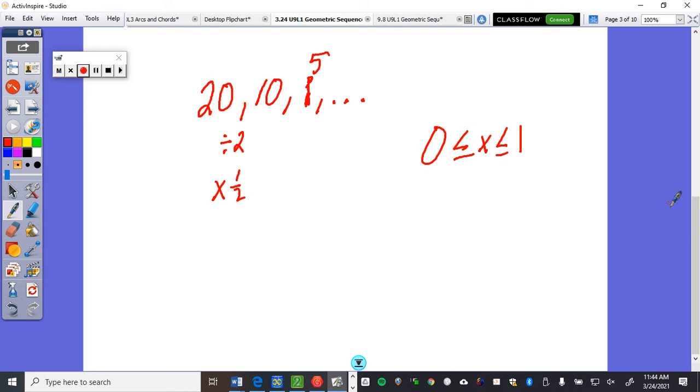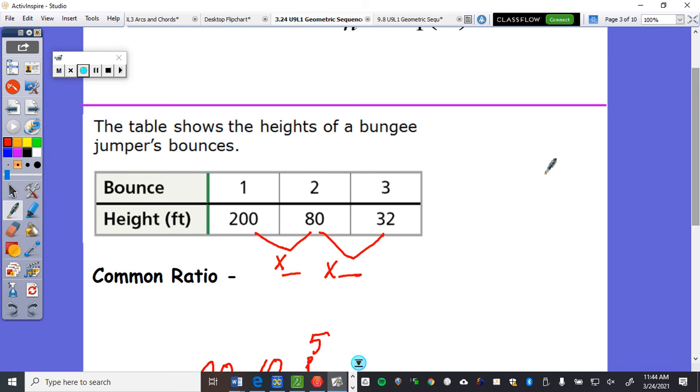So let's go back up here for a second. What are we multiplying by? Well, we know that we're dividing by something, so let's take 200 divided by 80. What do we get? 2.5.